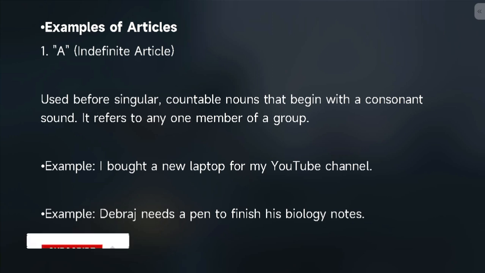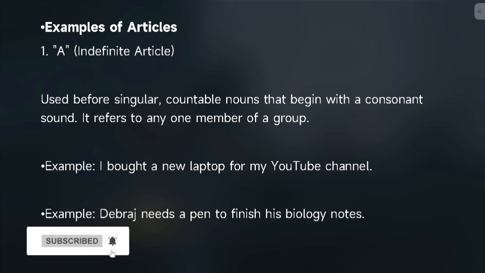Can you see the difference? In the second sentence I am specifically mentioning the brand of the laptop. That's the reason I have used the instead of a. But here it's just a laptop, any laptop, so the indefinite sense is there, and I have used the word a.